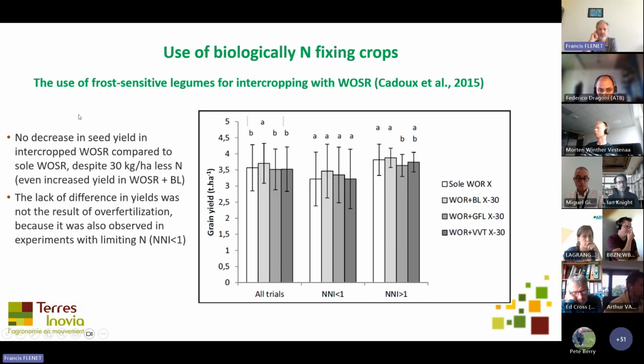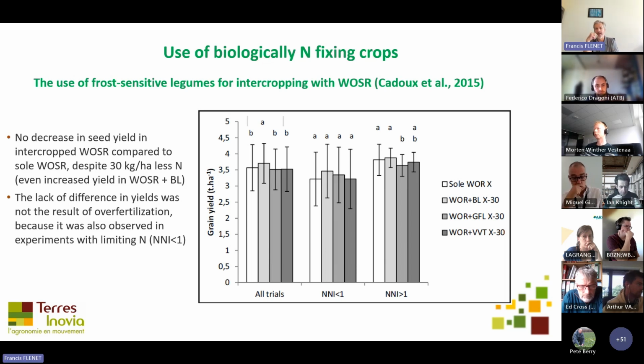This figure shows the results of grain yield for all trials, and also for the trials where the nitrogen nutrition index was below 1, and the trials where the nitrogen nutrition index was above 1. When the nitrogen nutrition index was below 1, it meant that nitrogen was limiting.